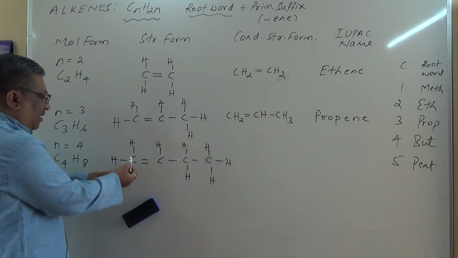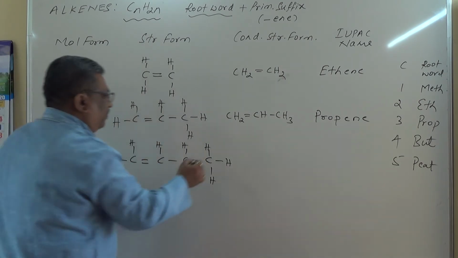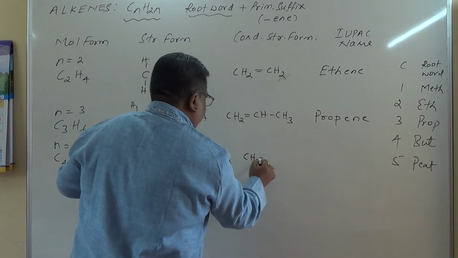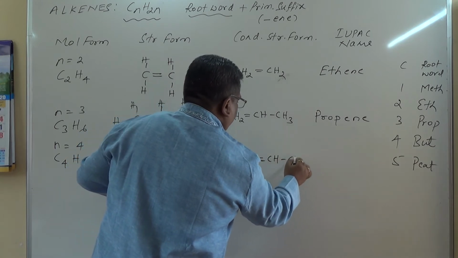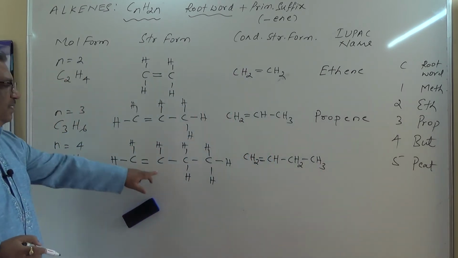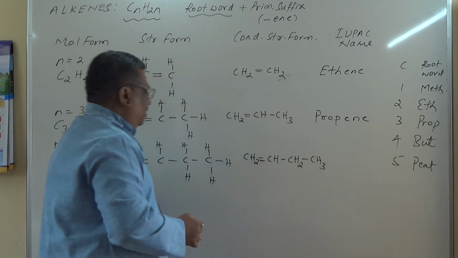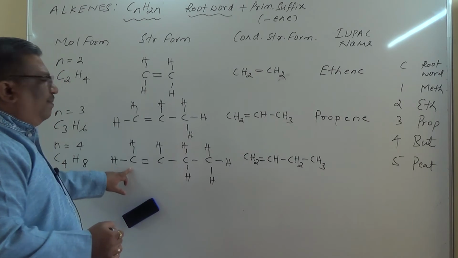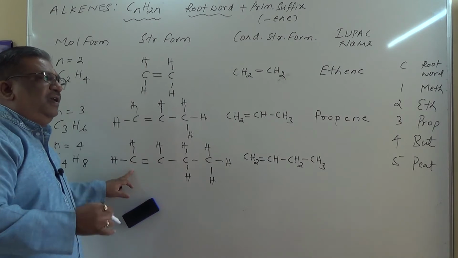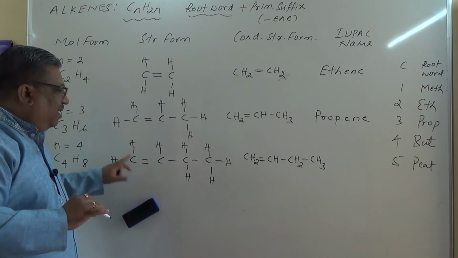How do you write the condensed formula? CH2 double bond CH, single bond CH2, single bond CH3. Here it is a double bond. This is the parent chain, with the maximum number of carbon atoms. Why is this called a parent chain? Because the longest possible continuous chain of carbon atoms in a hydrocarbon is called a parent chain.